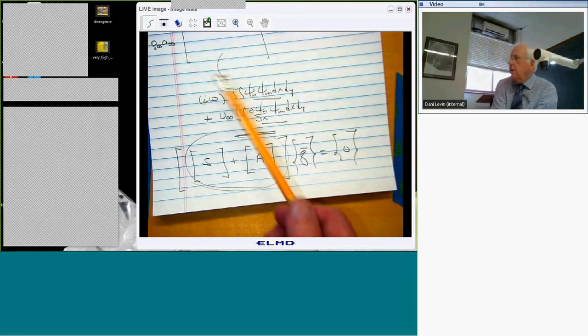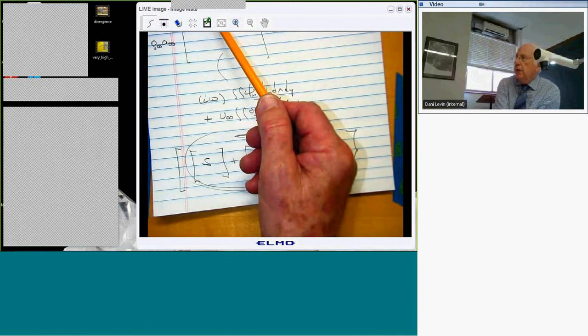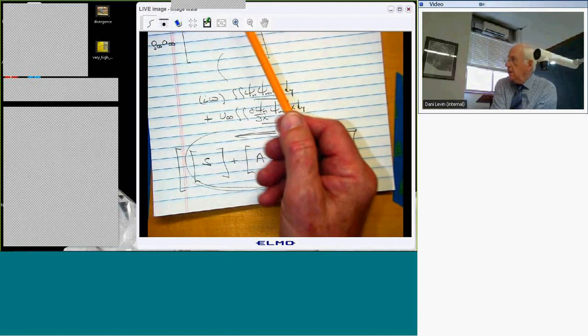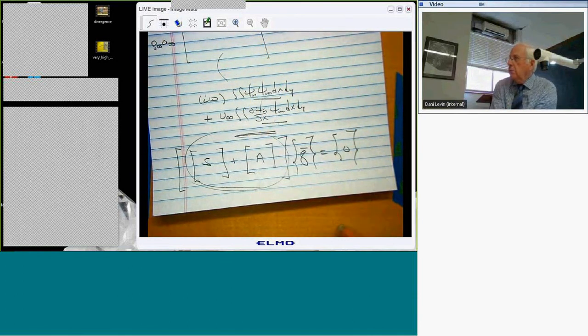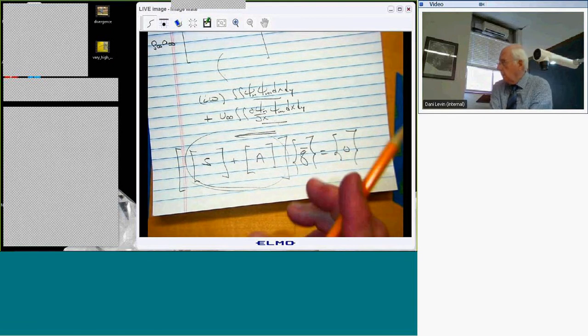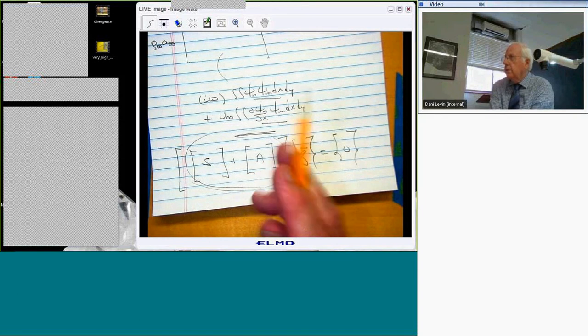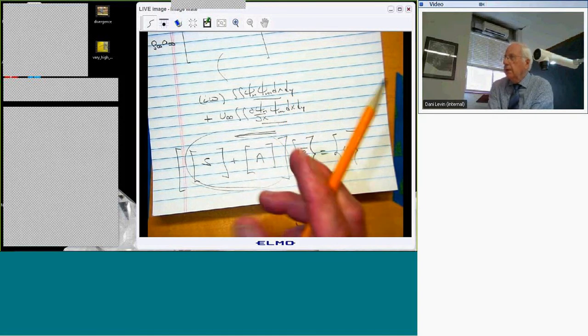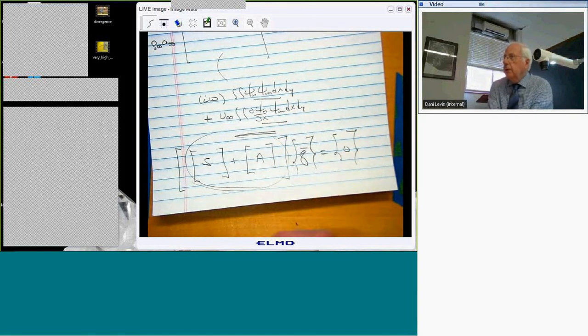Here I have omega squared, and I also have omega. So I can't solve it in the usual way, because the standard software doesn't handle this. But I could do one of a couple of things.